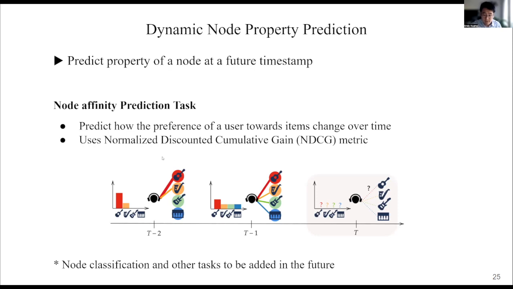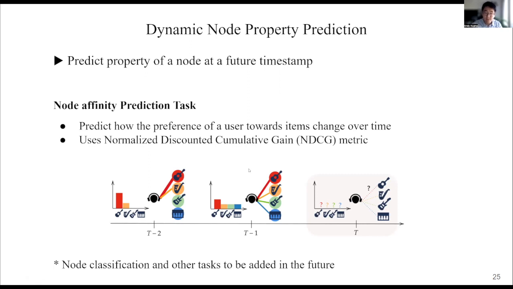As a first attempt, we propose the node affinity prediction task, which essentially takes a node perspective to focus on how the frequency of interaction or the preference of a user towards a set of items will change over time.